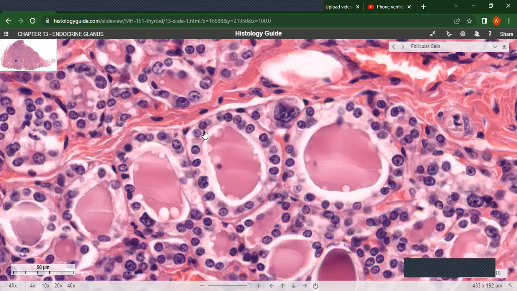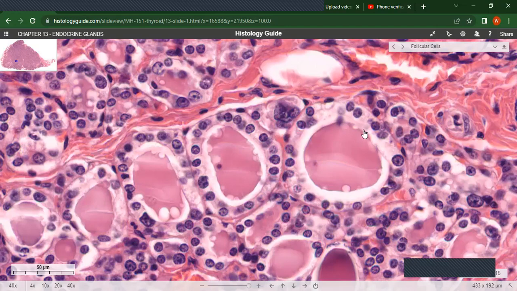Okay, so maybe this is the septa. This is a trabecula. So you have seen the colloid, and these are the follicular cells.